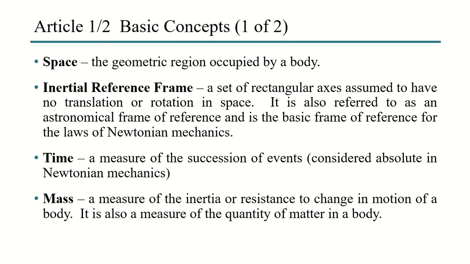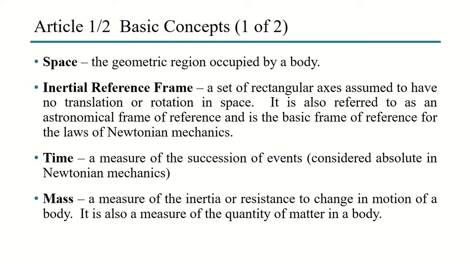Then we have here some definitions which we also had discussed before, just a sort of review. So we have what we call space. So when we speak of space, that is the geometric region occupied by a body. And inertial reference frame, a set of rectangular axes assumed to have no translation or rotation in space.